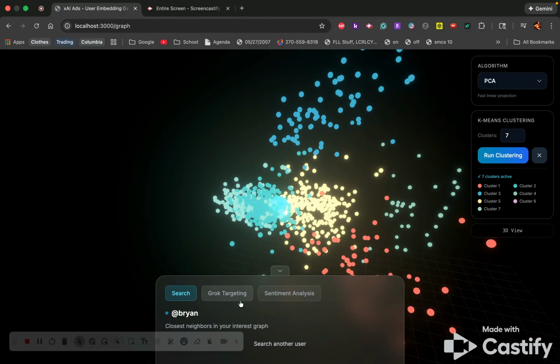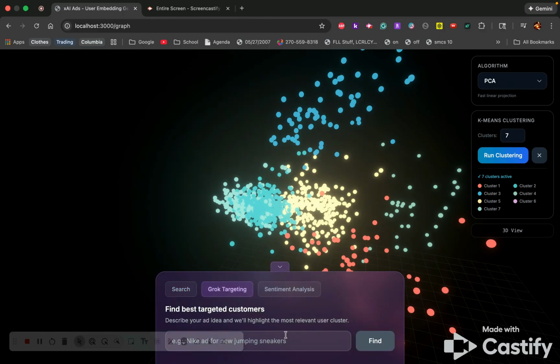Now, the next feature that we have is something called Grok targeting. The idea behind this is that, let's say I have an ad that I'm trying to create, or a company reached out to you, for example, Nike or Amazon, and they said, hey, we want to put an ad, who can we market it to? Now, let's say we want to market xAI and their new image generation software when it comes out.